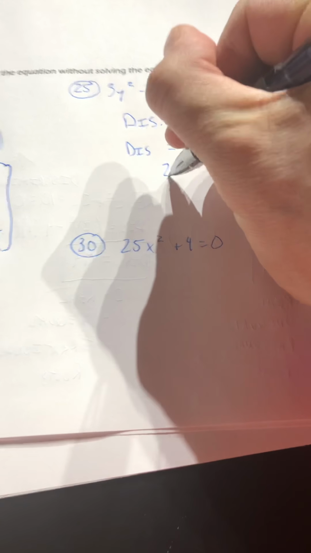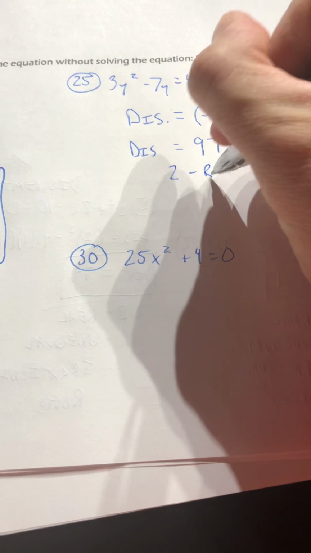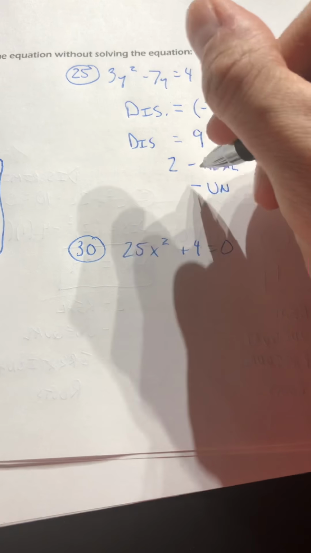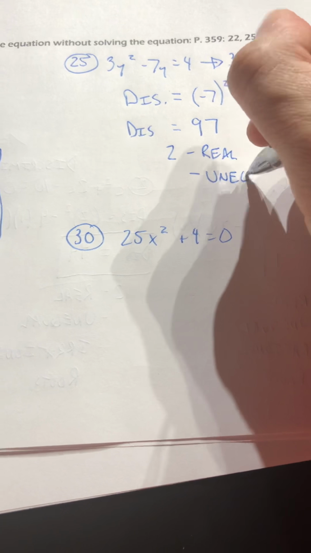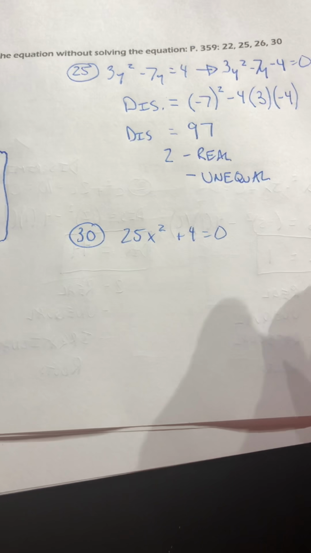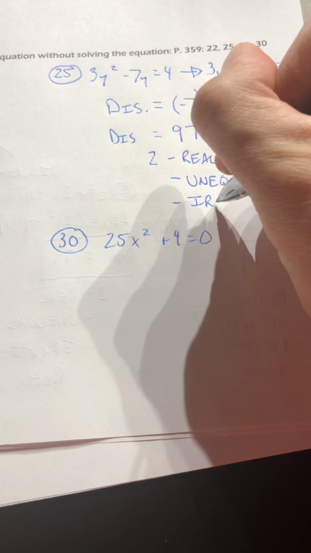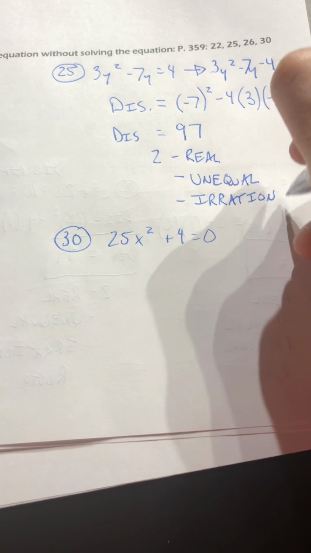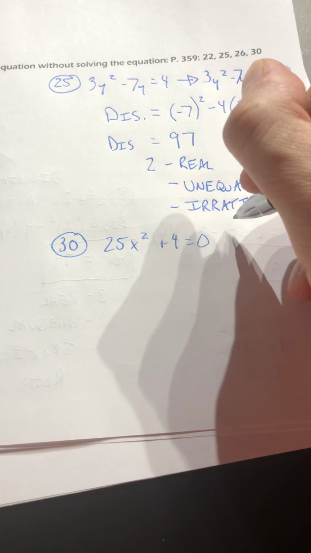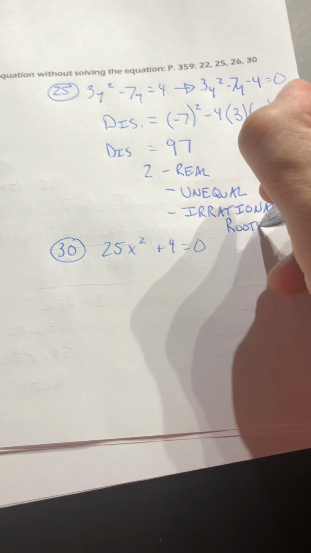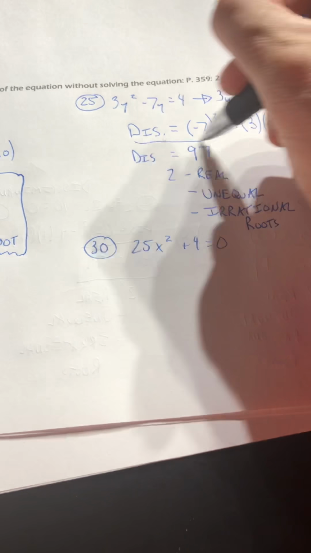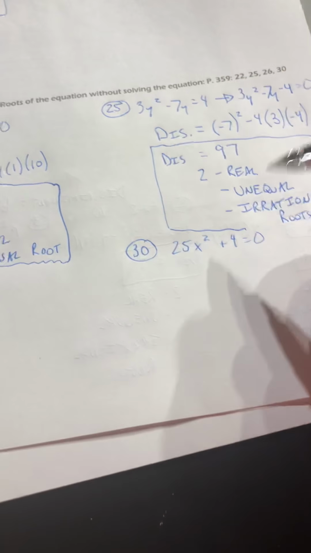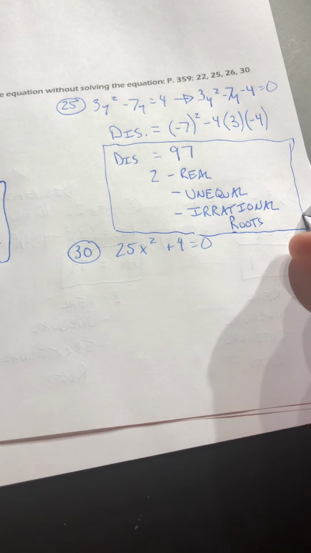So we have 2 real, unequal, irrational roots. Now, these are just bullets that I'm writing here to describe the roots. So this is our entire answer for number 25.